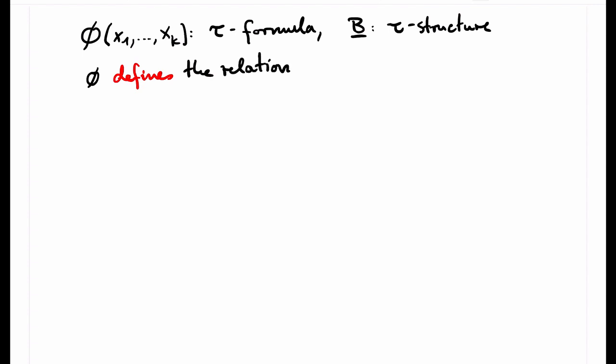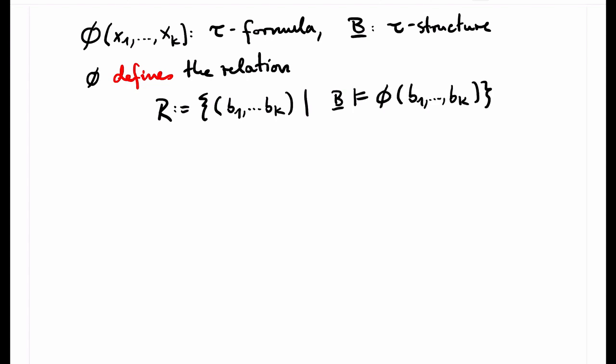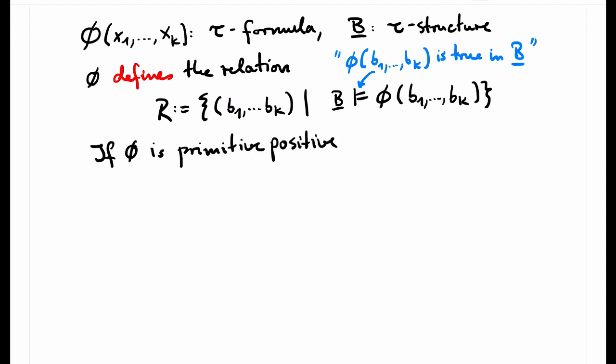Then phi defines in B the relation of arity k that contains all those k-tuples of elements of B that satisfy the formula over B. In the following sense: we replace the free variables by the respective entries of the k-tuple and then evaluate the resulting formula over B. If it evaluates to true, then we say that the k-tuple satisfies the formula. If phi is a primitive positive formula, then we say that R is primitively positively definable in B.